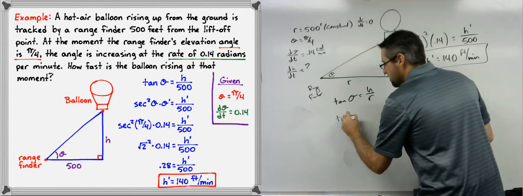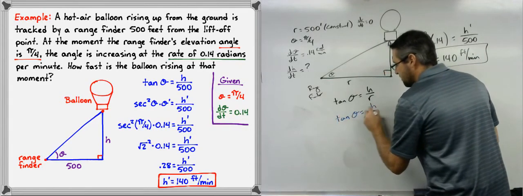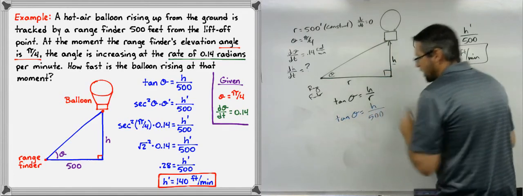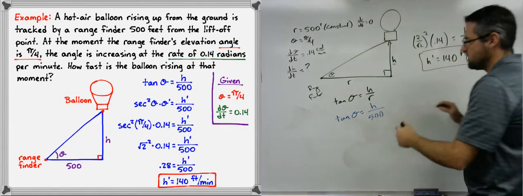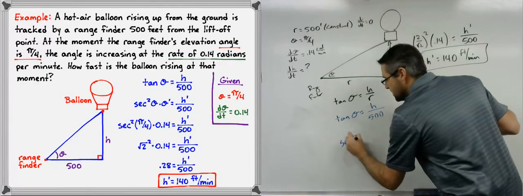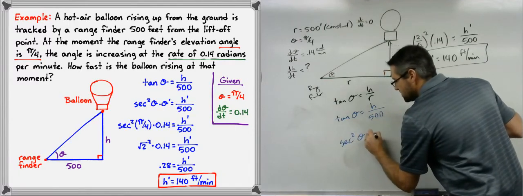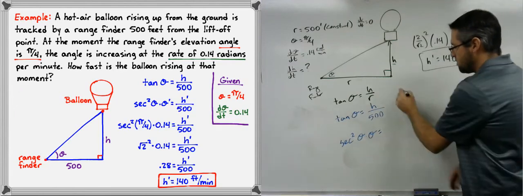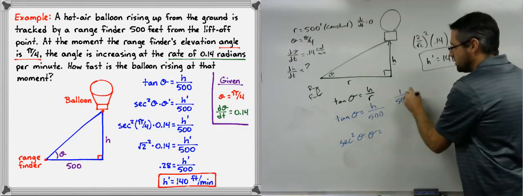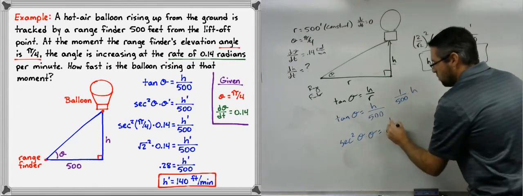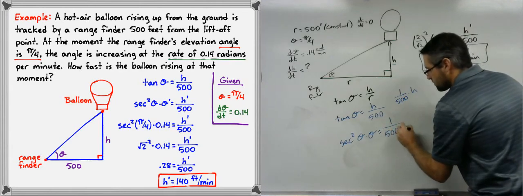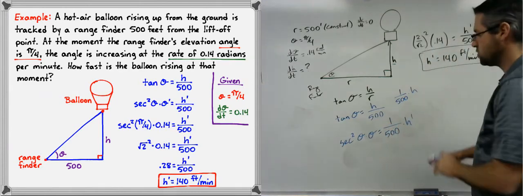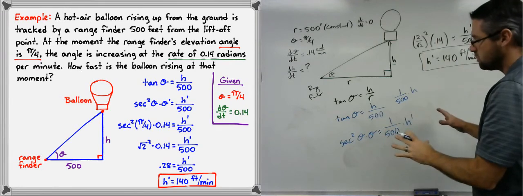I'm allowed to plug that in before I take the derivative, because that's not changing, okay? So when I go to take the derivative of this now, I end up with secant squared theta times theta prime equals, and then the derivative of this, well, that could be rewritten as 1 over 500 times h. So the derivative of that would be 1 over 500 times h prime. And so it makes the problem a lot easier to look at.